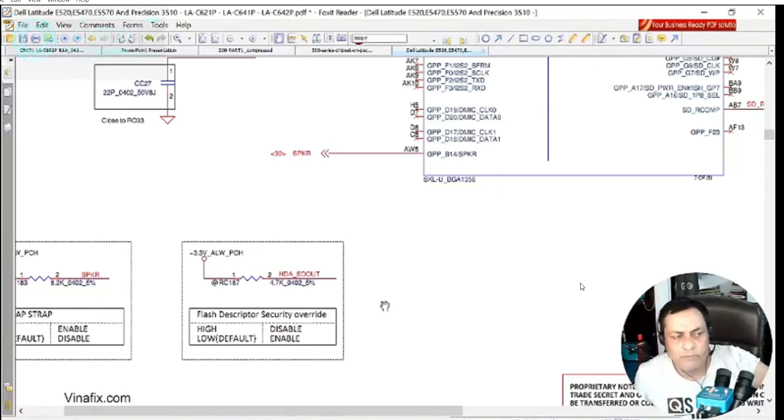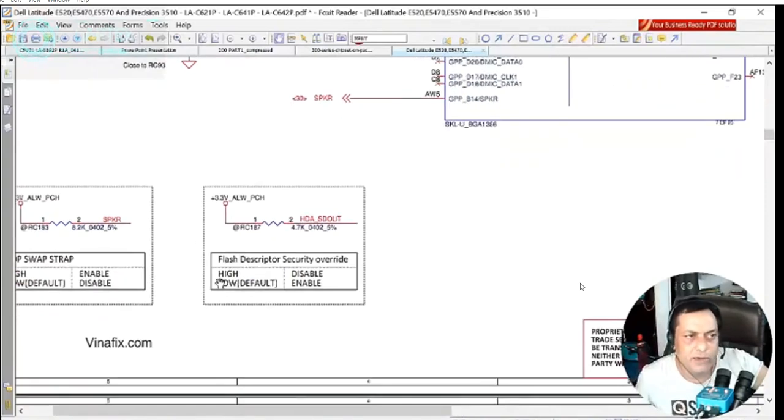But what will be the consequence? Your sound will stop working, because what is written here is flash descriptor security override, which means the BIOS security will be overridden. You can hack the BIOS, but I just don't want to hack the BIOS.